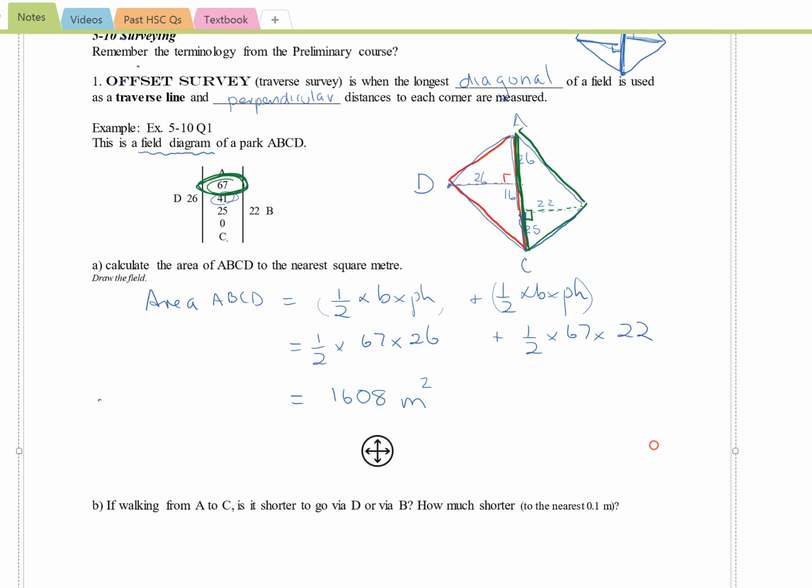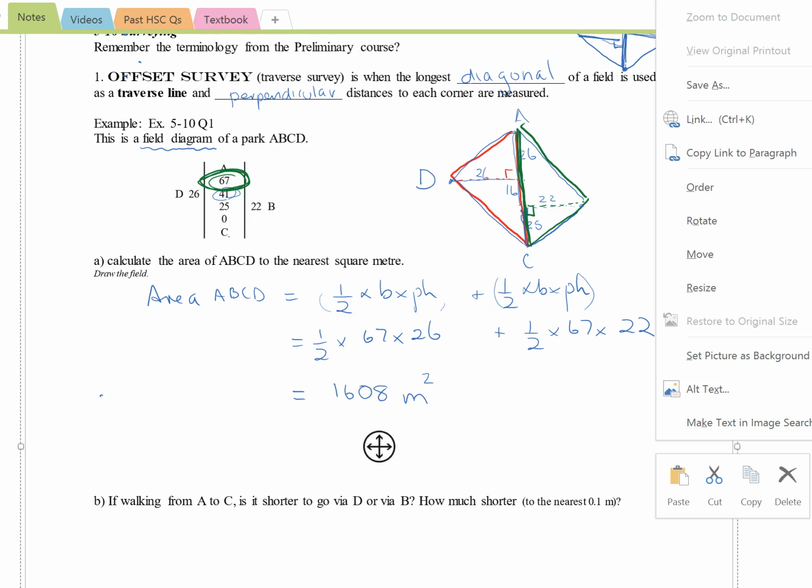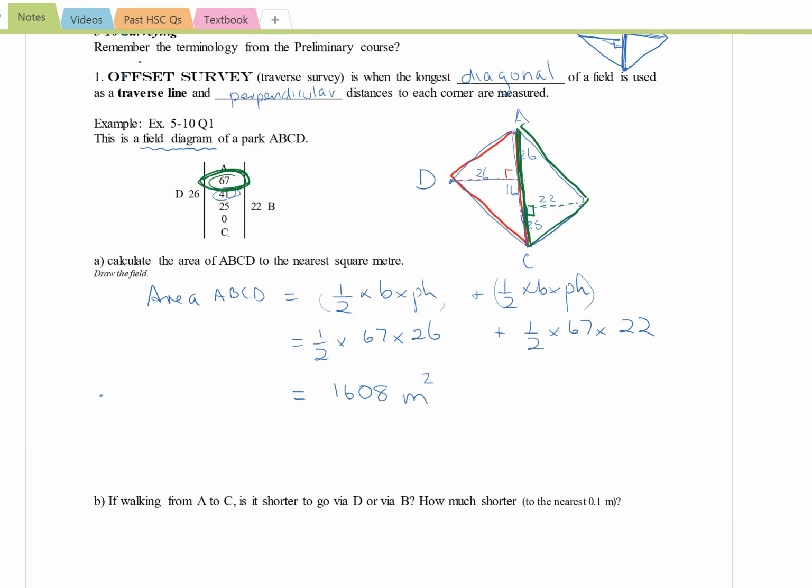Part B said: if walking from A to C, is it shorter to go via D or via B, and how much shorter to the nearest 0.1 of a metre? I'll pause the video, write that up and come back and talk about it.